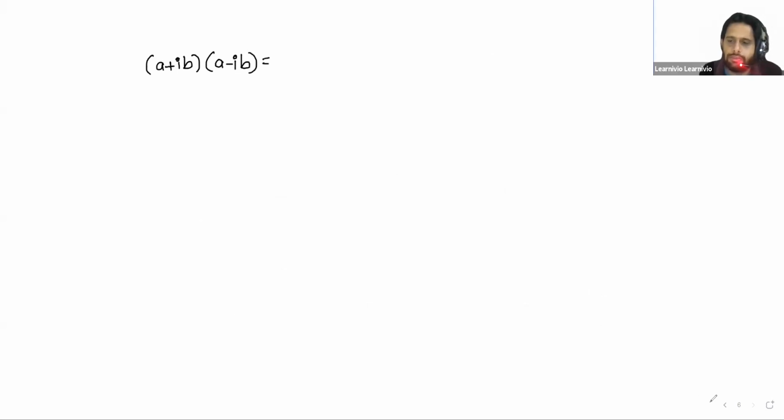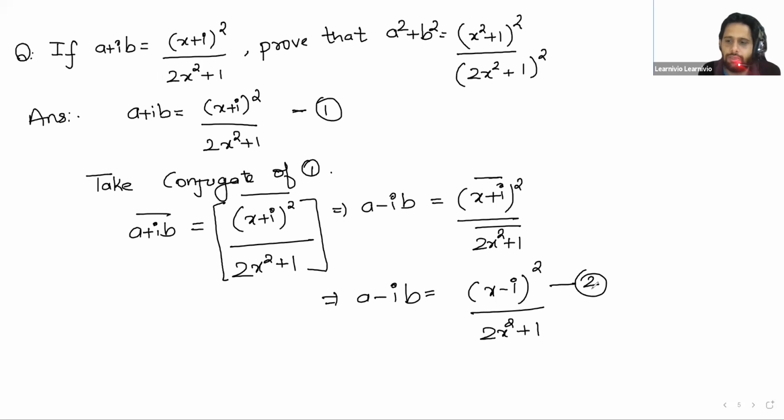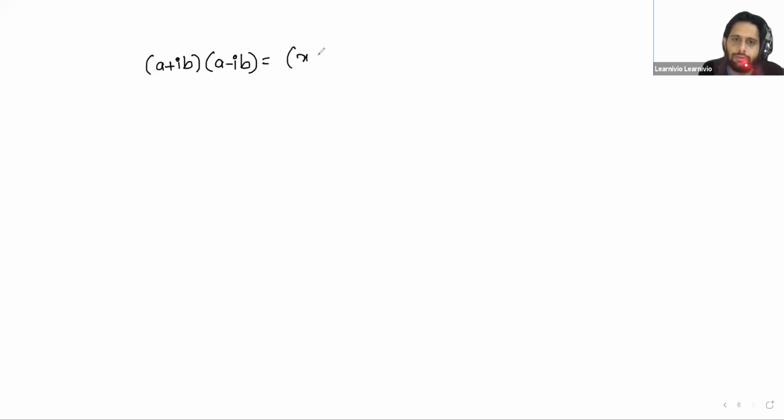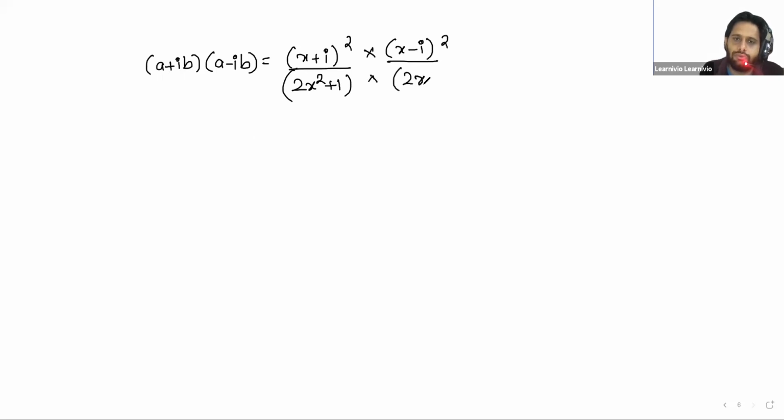In the RHS, we have x plus iota whole square by 2x square plus 1. And in the second one, we have x minus iota whole square into 2x square plus 1. So this can be written as a square minus iota b whole square.